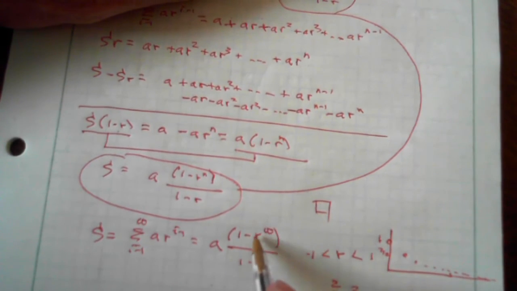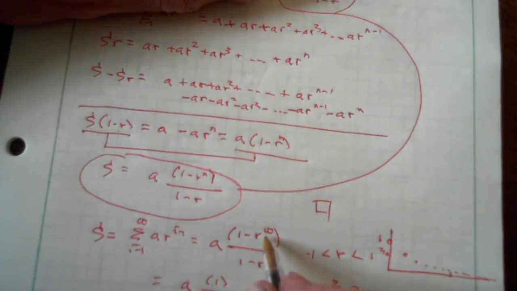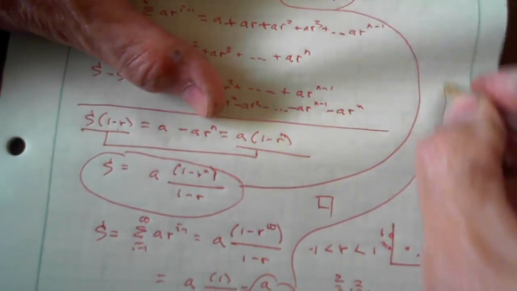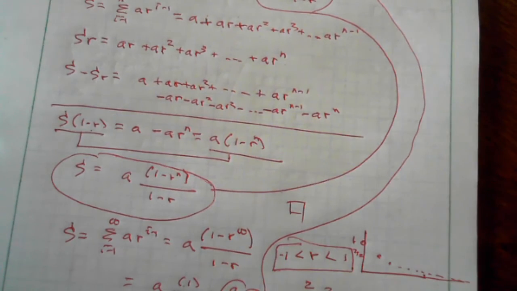And so this will become a 0, which will be a times 1 over 1 minus r, because that's 1 minus 0. And this, of course, is just a over 1 minus r, which is the thing we were showing it was going to be. Boom. Right there. Now, that's if r is between -1 and 1.